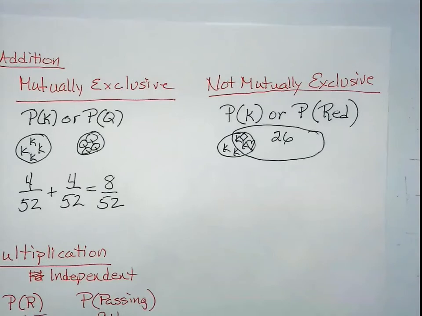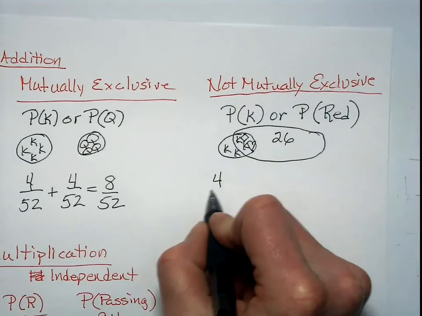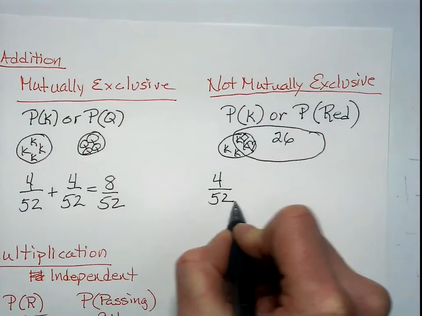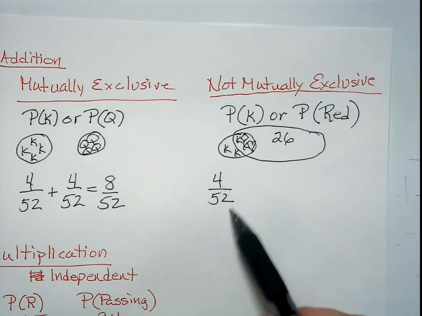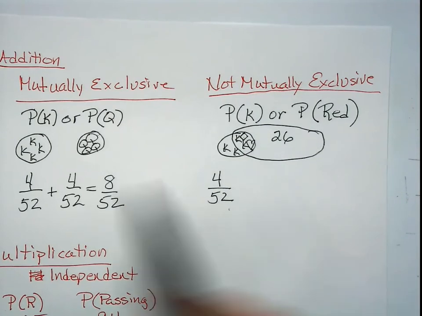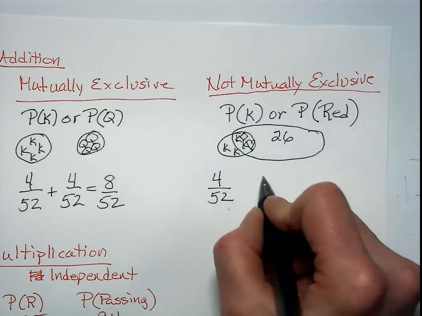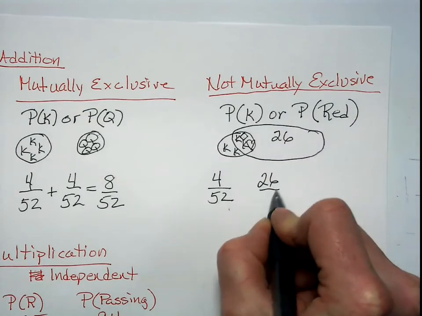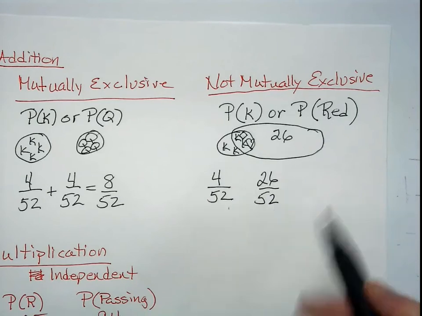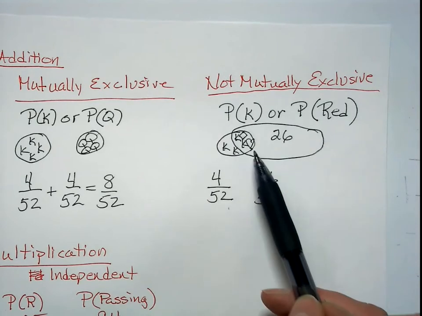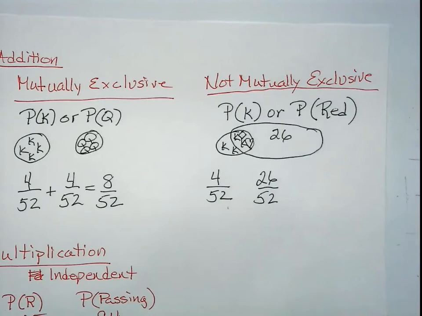So the probability of a king is 4/52. And when we said 4/52, we included the diamond and the heart. The probability of getting a red card is 26/52. And we included the king of diamonds and the king of hearts again.